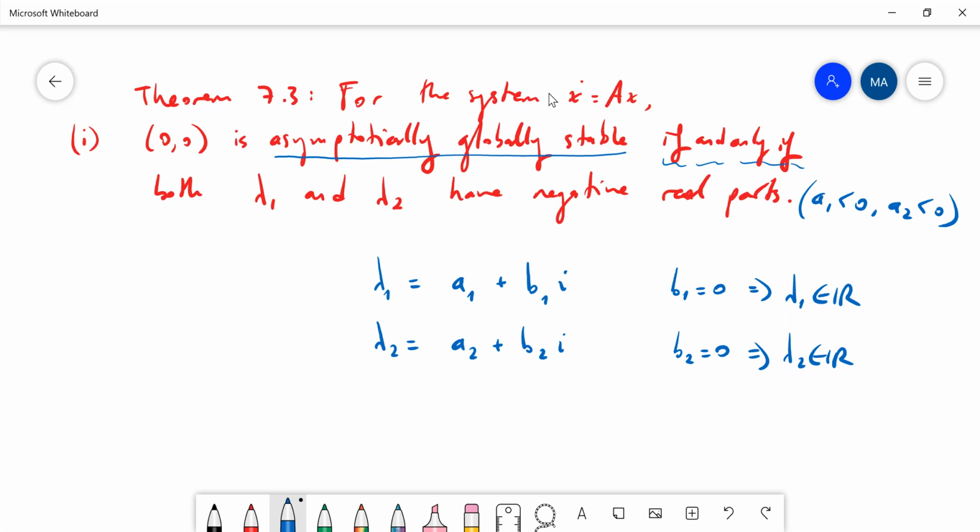That's the first item. Because again, if B1 is different than 0, lambda 1 is complex. If B2 is different than 0, lambda 2 is complex. But the global stability result in the first item requires only the negativity of the real parts. Okay?